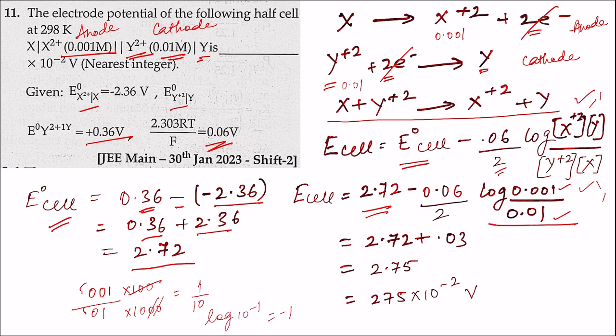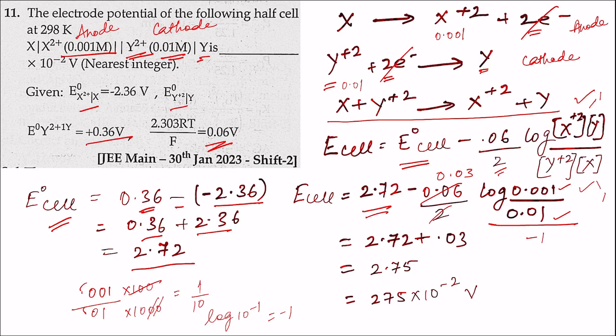So 0.06 divided by 2 will be equal to 0.03. Now 0.03 multiplied by log 0.001 divided by 0.01, that is minus 1. So 0.03 multiplied by minus 1 will be minus 0.03.